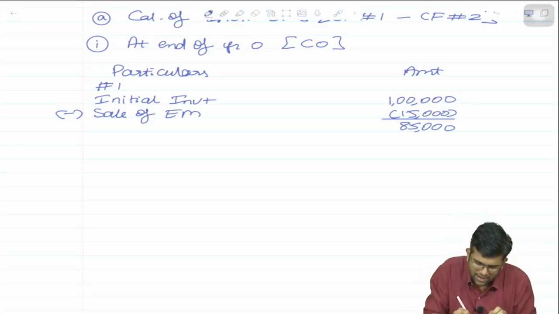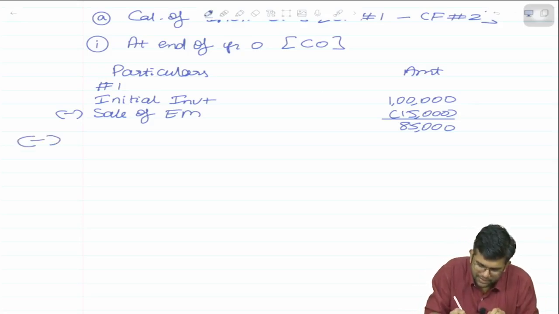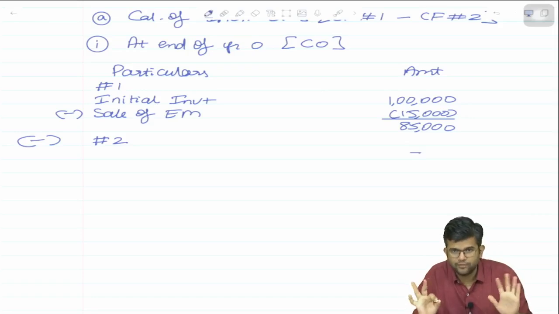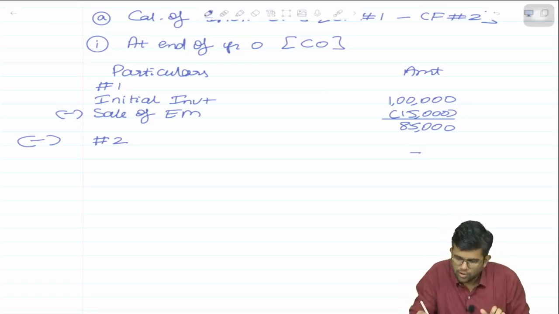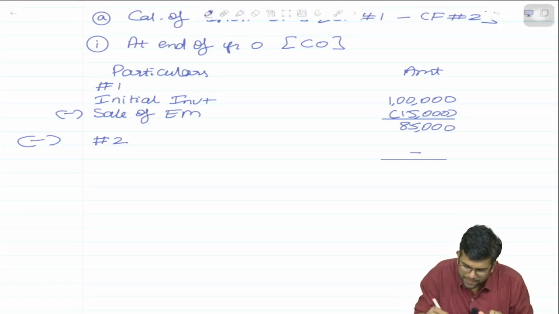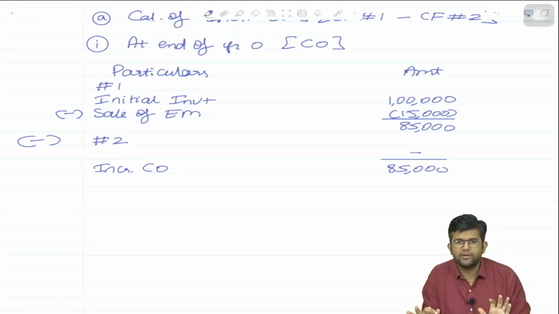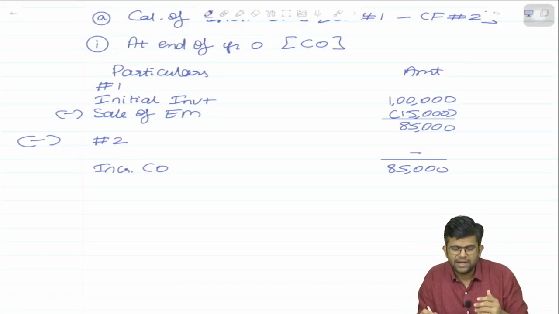From this I will have to subtract cash flows of story number 2. I hope you are understanding. But in story number 2 there is no cash flow as of year 0, which is why the incremental cash outflow will come to 85,000. Everyone, are you all able to understand? 85,000. Why is this clarity required?